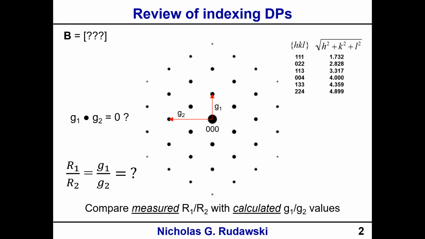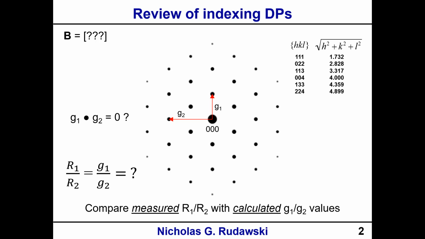Again, we're assuming that we know what the structure is to begin with, which is going to be the case the vast majority of the time. You're going to have an idea what you're dealing with beforehand. So all we need to worry about in the case of a cubic crystal is the relative G vector lengths.